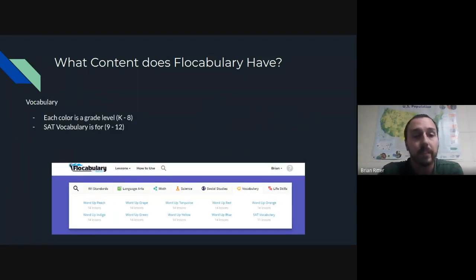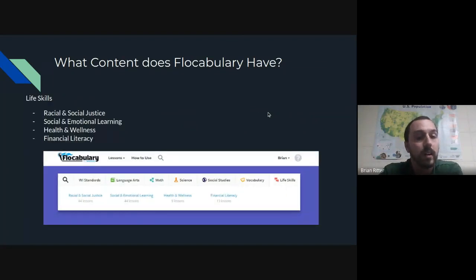For their vocabulary, they have 10 different levels. So each one is Word Up and a color. That's for grade levels. They have one level for kindergarten through 8th grade, and then SAT vocabulary for high schoolers. They also have life skills, so they talk about racial and social justice, social and emotional learning, health and wellness, and financial literacy.